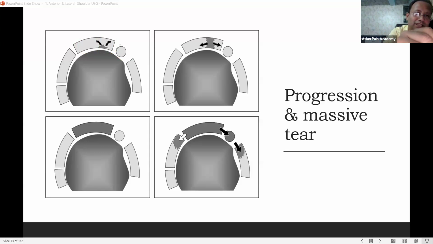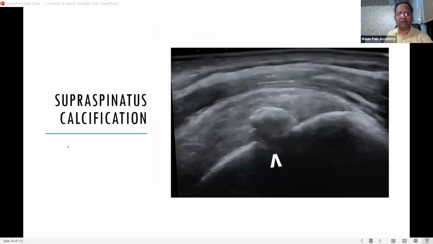Remember, just by the side of the biceps tendon in the supraspinatus, you have to search for the tear commonly. This is most common. Then it can increase, and gradually from supraspinatus the infraspinatus can also get affected, and ultimately the subscapularis too. Then it becomes a massive tear if the whole width becomes more than 3 centimeters. Now that is a different issue.